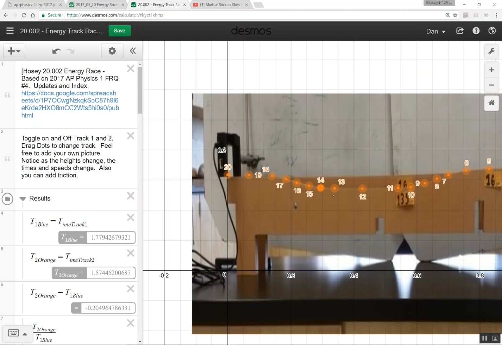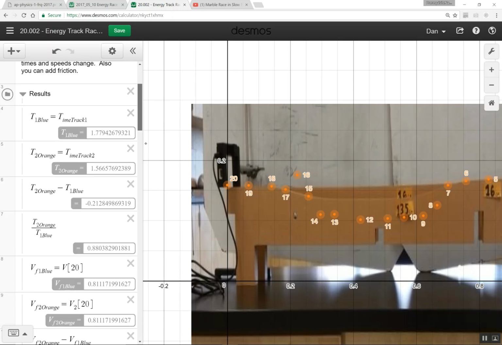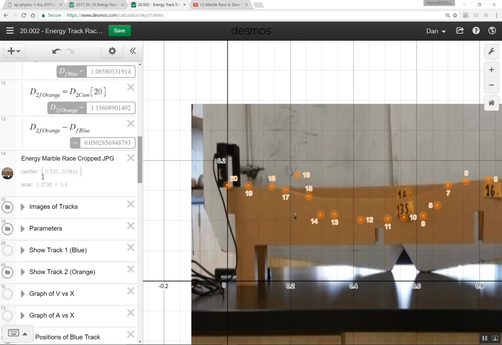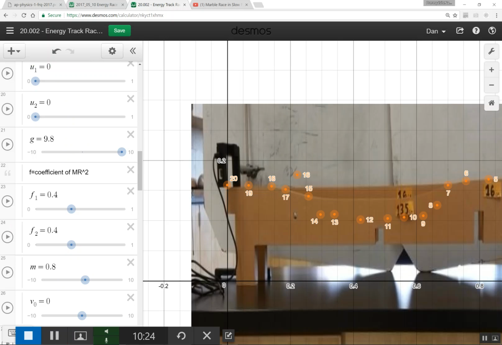Again, just to show you, if you lower these dots, as if it's a bigger dip, you can see that's decreasing the time just like we would expect. You can also add your own photograph in the simulation to lay this on top of. You've got these images that you can turn on or off. These are parameters. F is the moment of inertia coefficient. Mu is the friction.